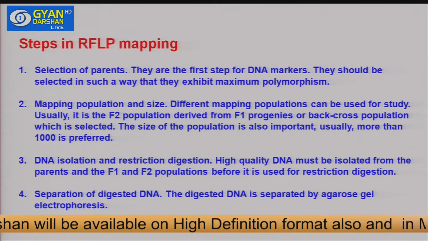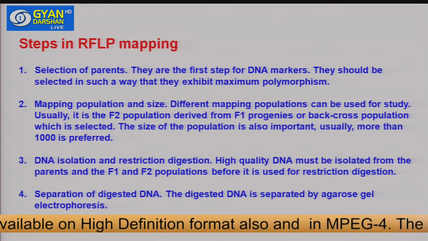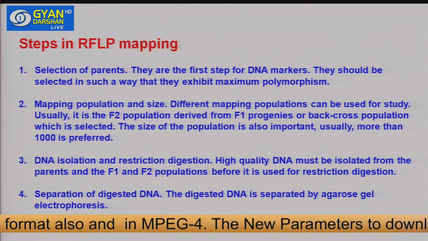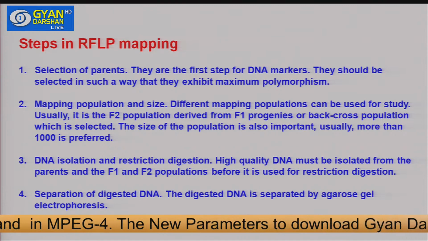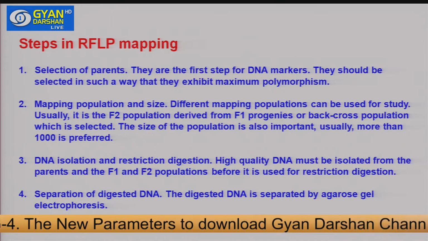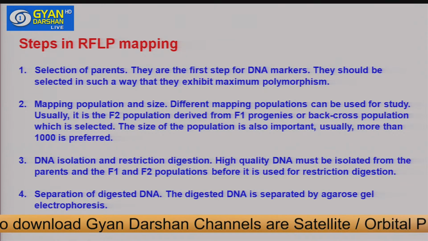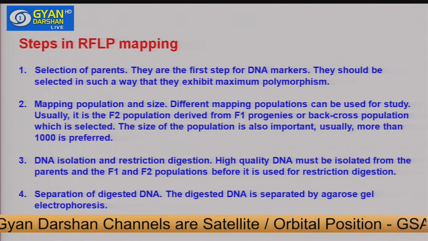Then you need to isolate the DNA. The process is almost the same, because RFLP is also, you can say, a kind of fingerprint. For restriction digestion, high quality DNA must be isolated from the parents and the F1 and F2 population.